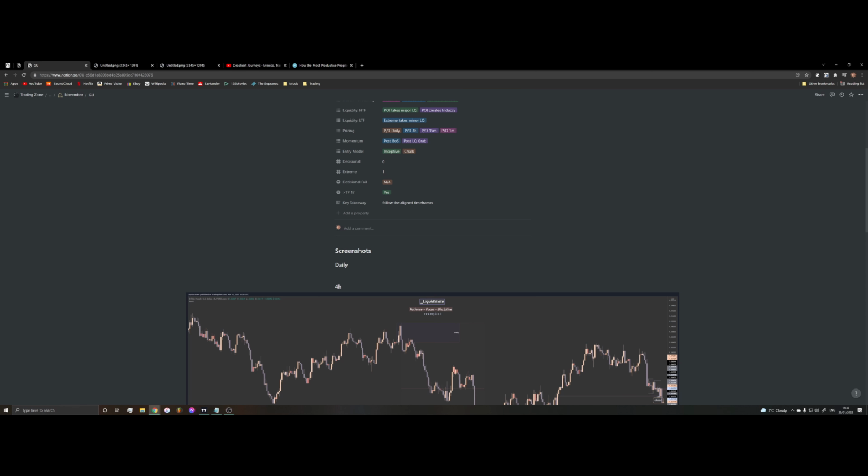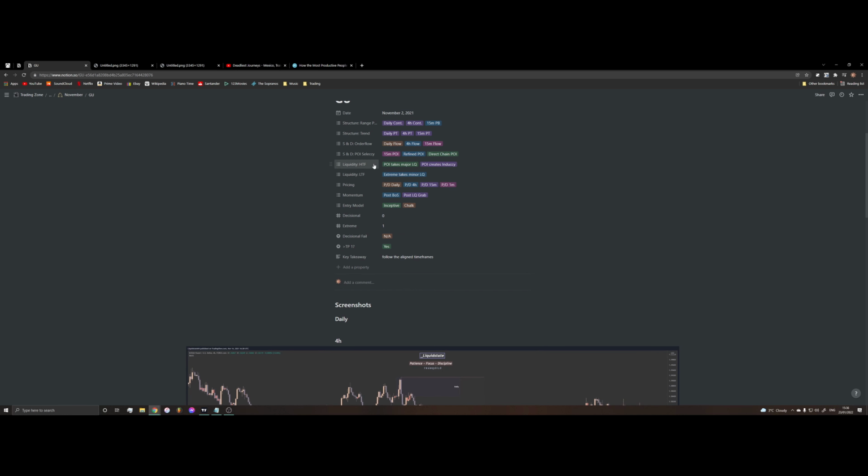Multi-timeframe structure, how it's interacting, that's one. Pro trend or counter, multi-timeframe order flow, POI selection and confluences, high time frame liquidity, low time frame liquidity, pricing, momentum, entry models, extreme or decisional, and key takeaways. So it's about 11 key things.